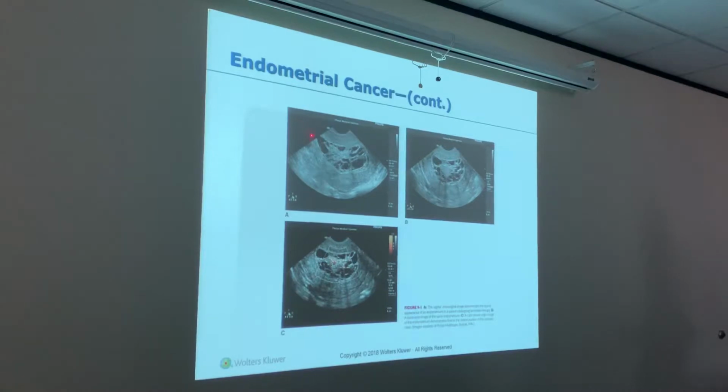Because this looks like the lower uterine segment to me. So this would be a retroverted uterus. But then when I read it, they're all transverse endometriums. No, it says sagittal endovaginal image. Oh, it is sagittal.